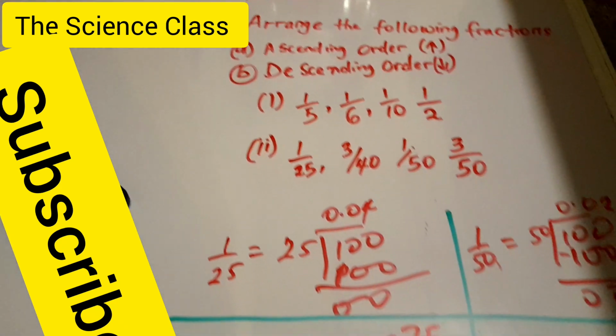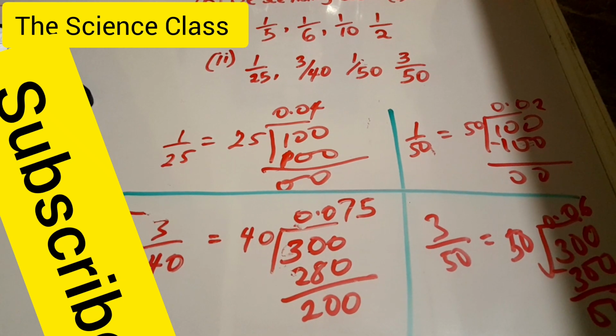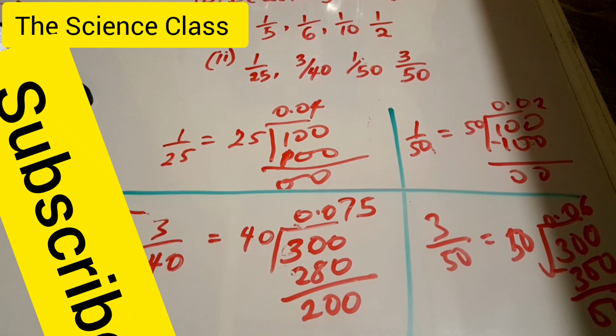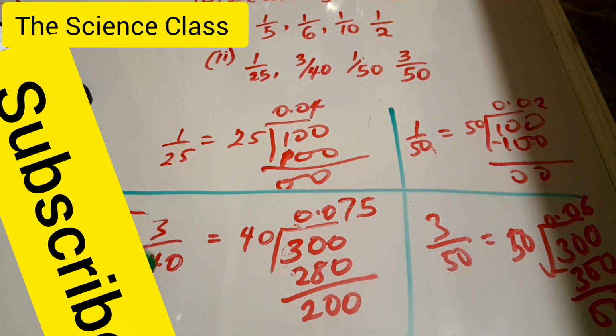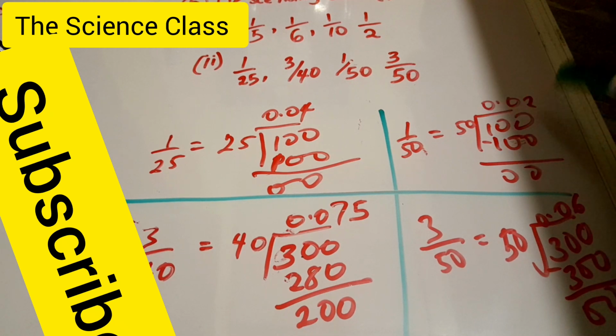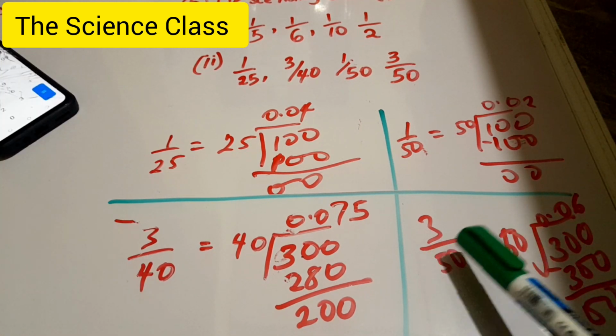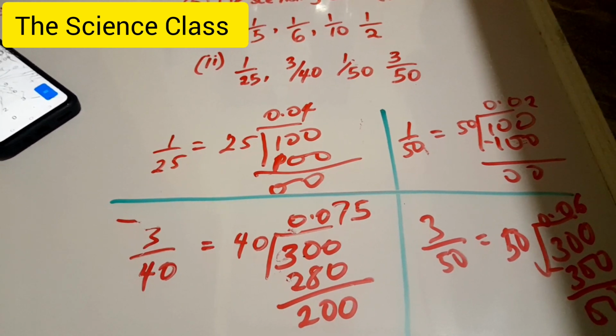It has been solved here from our last division class using our division method. 1 over 25 gives you 0.04. 3 over 40 gives you 0.075. 1 over 50 gives you 0.02. And 3 over 50 gives 0.06. So let's go to the number line and place them in their appropriate places.